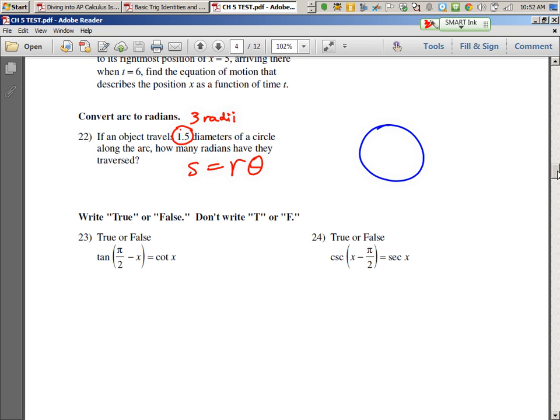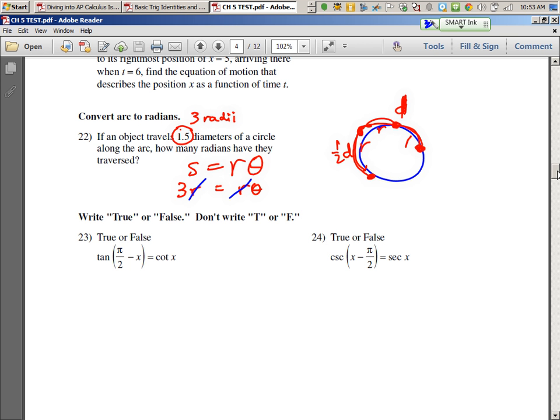I was going to go 1.5 diameters. So here's 1 diameter, and here's half a diameter. But that's technically 3 full radii, okay? Radius, radius, radius, R, R, R. So I can just replace this with 3R. That's the traveling distance. And the angle is 3.